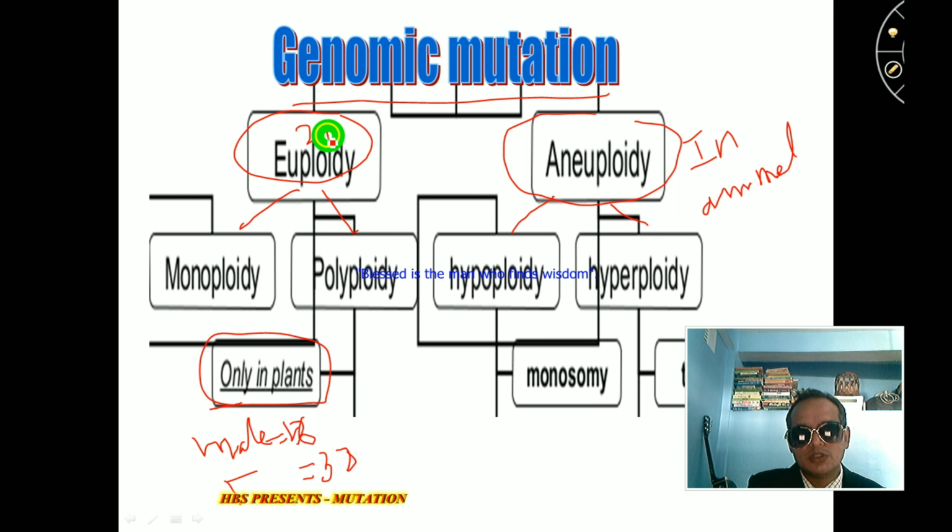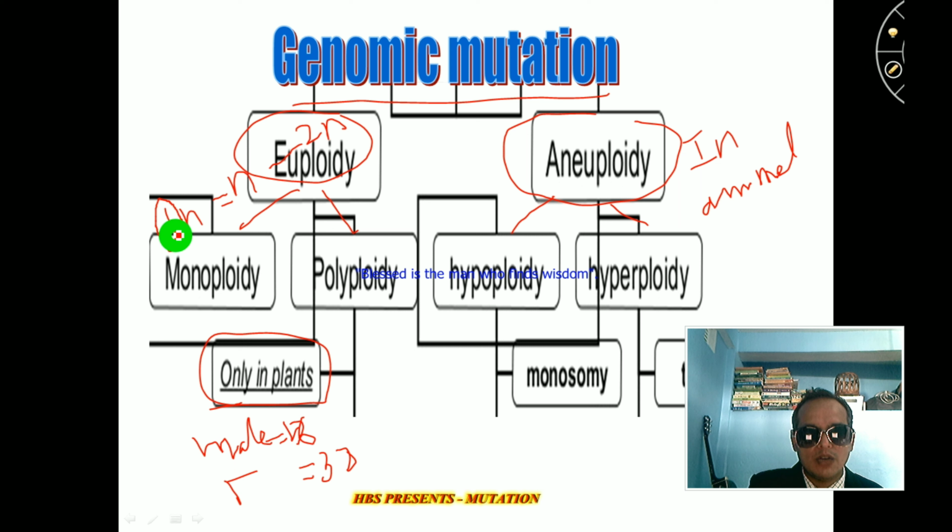If n chromosomes, half the number, are subtracted from 2n, only 1n remains here. And 1 here means mono. What does mono mean? 1. So monoploidy, only 1n remains here.